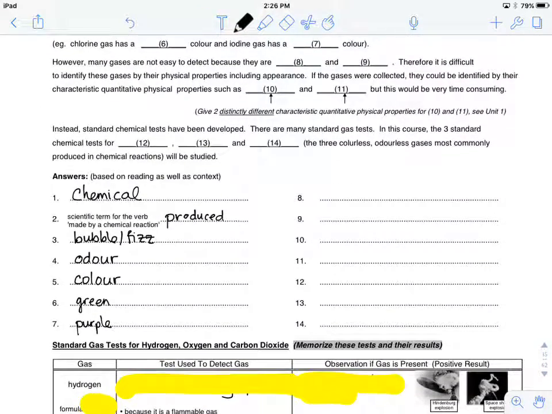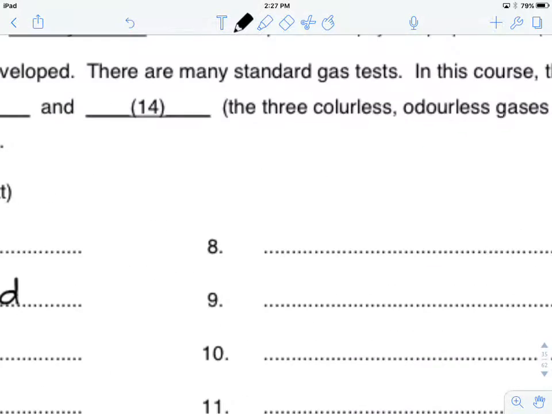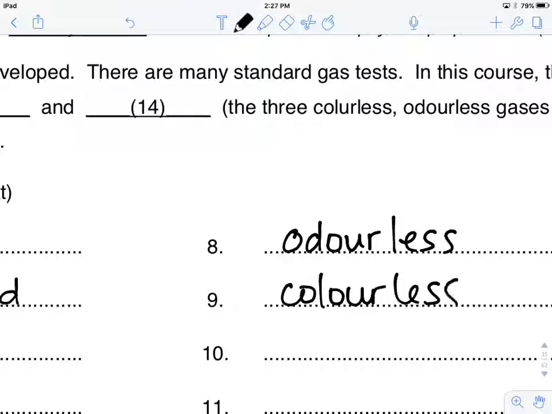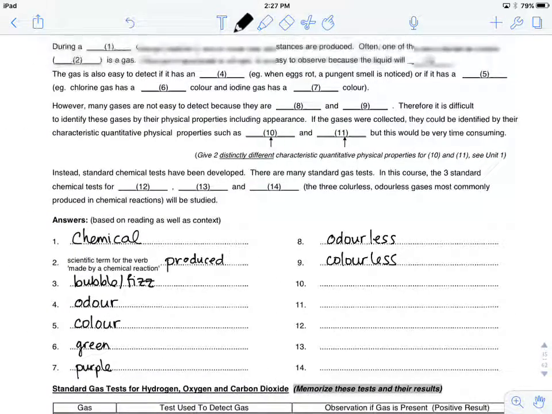All right. The next sentence says, many gases, however, are not easy to detect because they are odorless and colorless. Therefore, it's difficult to identify these gases by their physical properties.